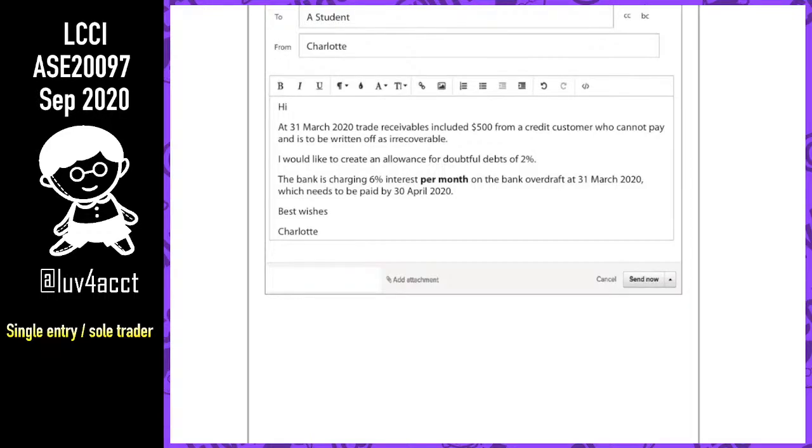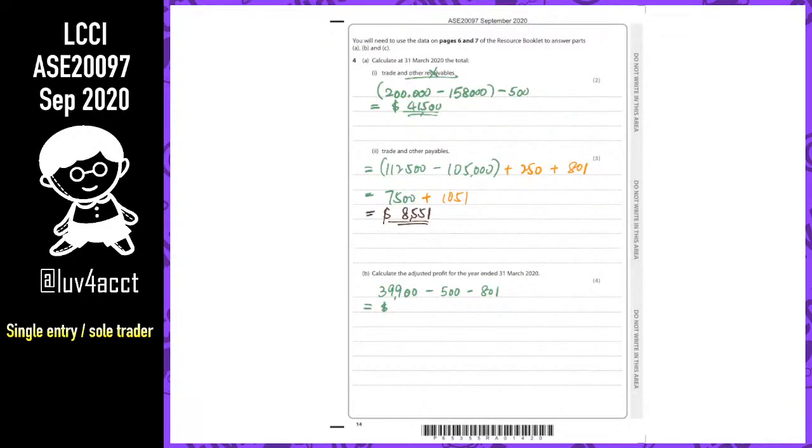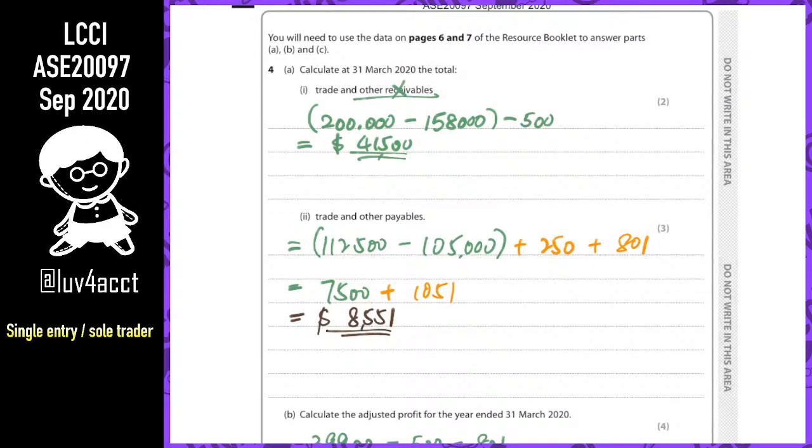If we have the 2% allowance for doubtful debt, then the trade receivables should also be reduced. So this one is not yet the answer.